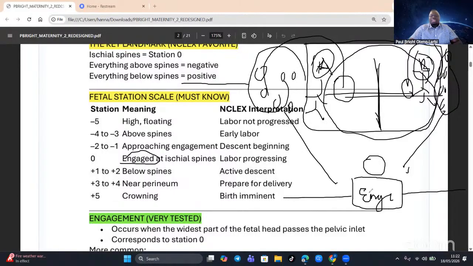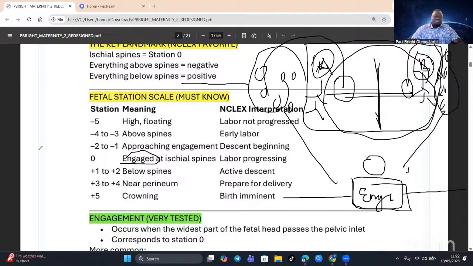At this moment, the head of the baby is at this level. It is being engaged. Labor is properly and positively progressing at this stage. And every pregnant woman will be happy.